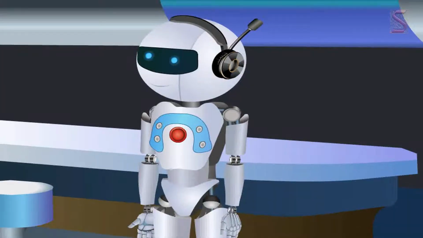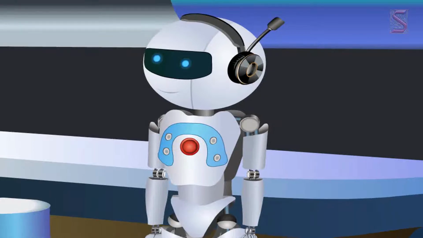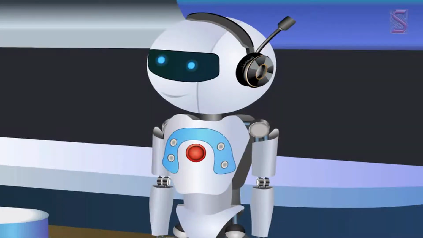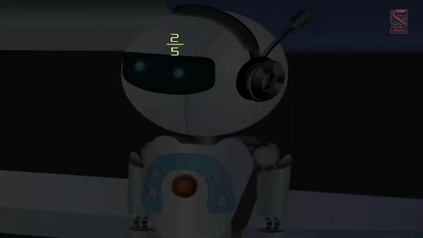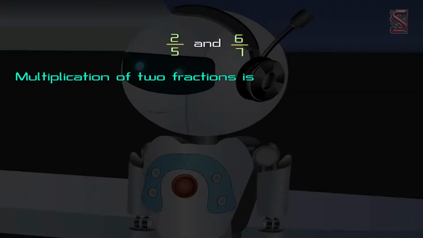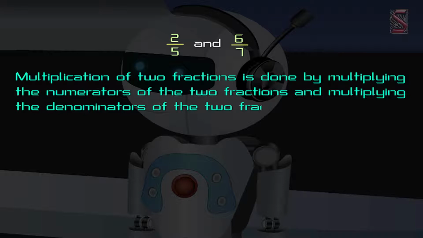Let us learn the concept of multiplying two fractions by considering an example. Consider two fractions, 2 by 5 and 6 by 7. Multiplication of two fractions is done by multiplying the numerators of the two fractions and multiplying the denominators of the two fractions separately.